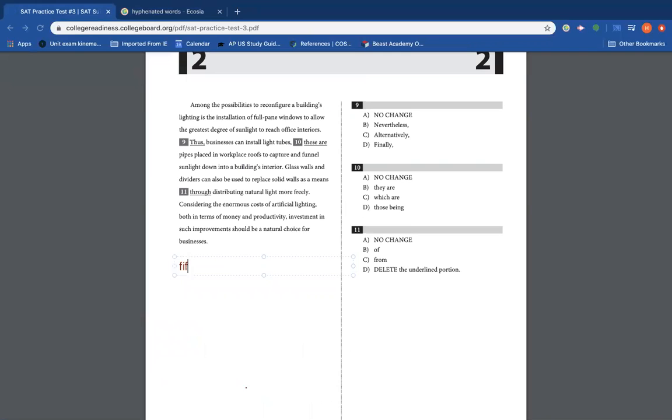I'd use a hyphen in 50-50. So you use hyphens when you want to combine two words. Okay.